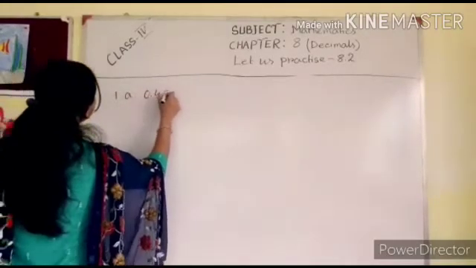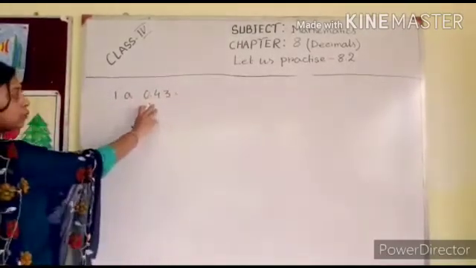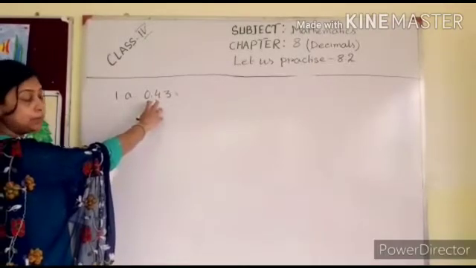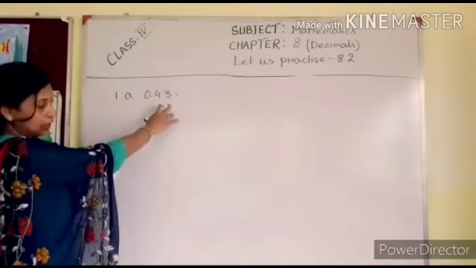0.43. After the decimal point, 4 is in the tens place and 3 is in the hundreds place.